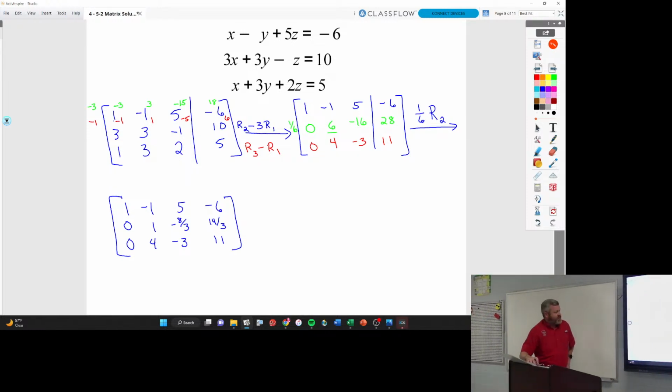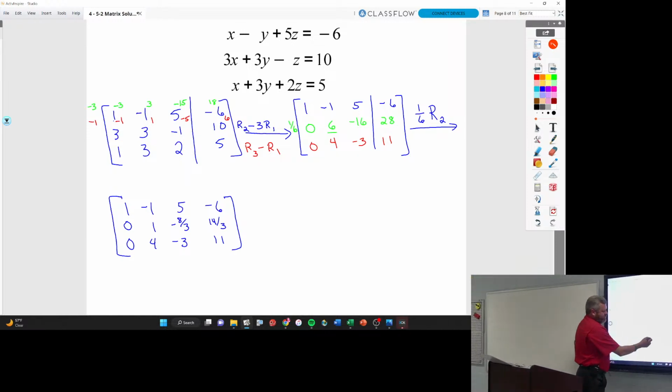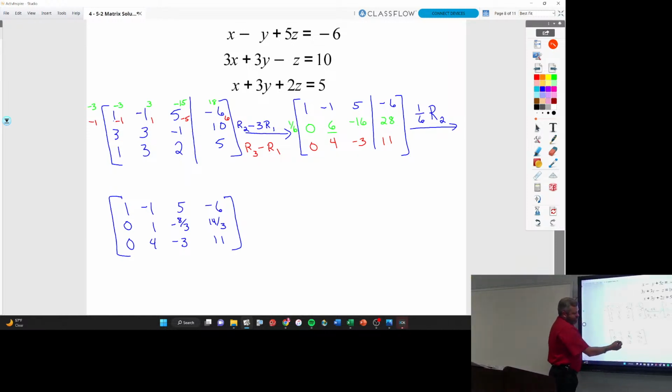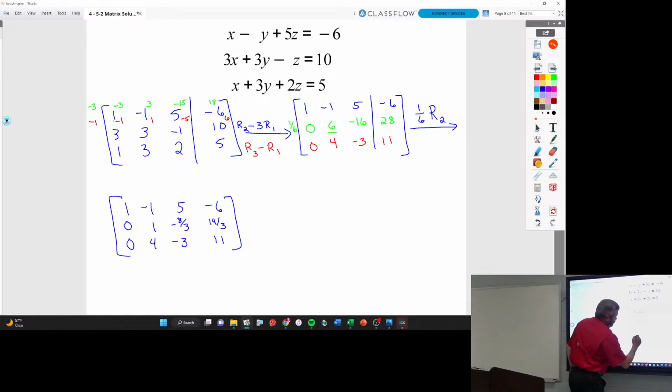And I have successfully made row 2, column 2, a 1. I'm now going to use that second row to get rid of the numbers that are not 0 in both row 1 and row 3.